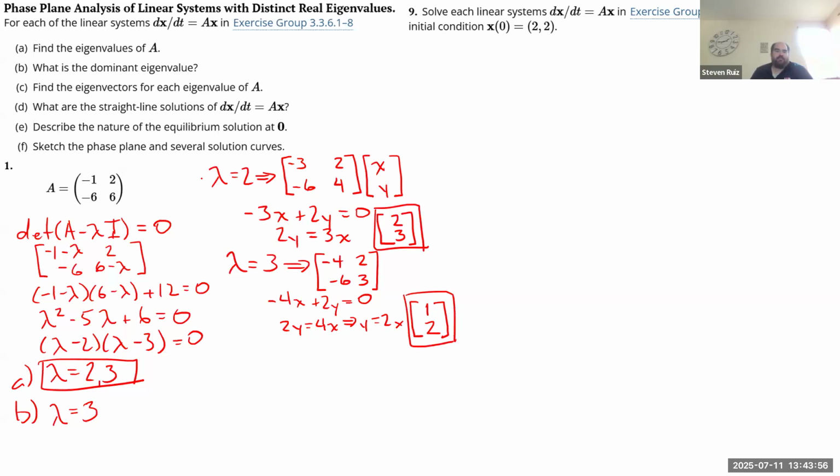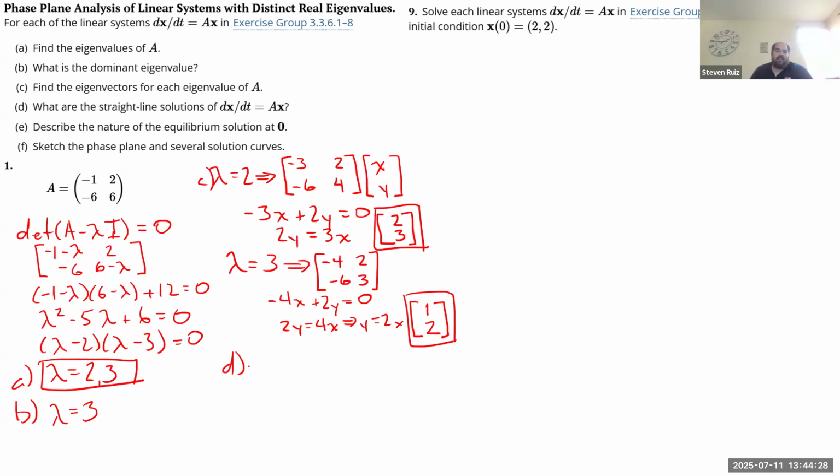So that's part C. Part D, what are the straight line solutions of this system? Basically x prime equals A times x. Your straight line solutions are going to be parallel to our eigenvectors and passing through the origin. So we essentially found our straight line solutions in the previous part.